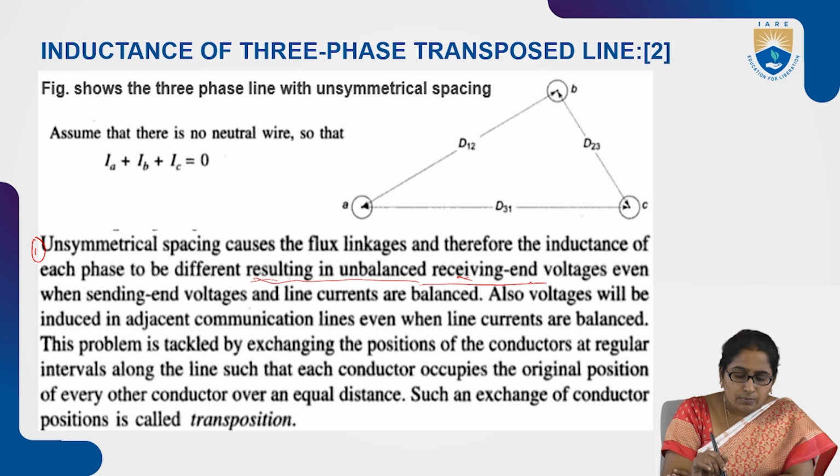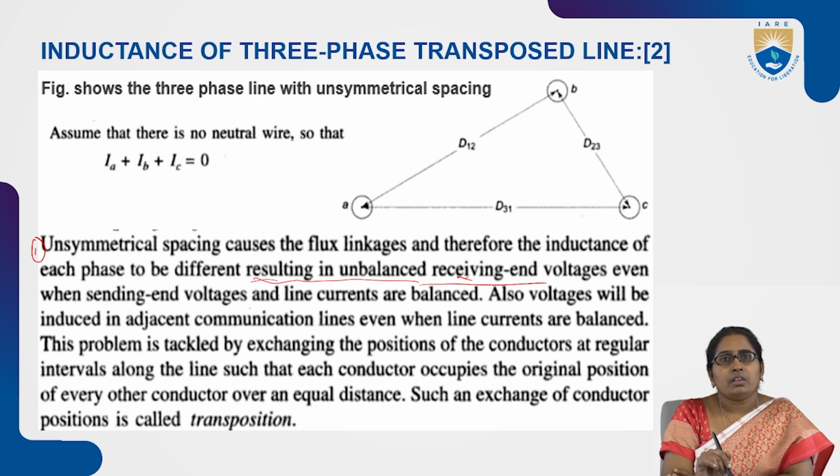That will not be 415 volts for a three-phase AC. We will get an undesirable voltage because of this unsymmetrical spacing, that is, because of unequal inductances.